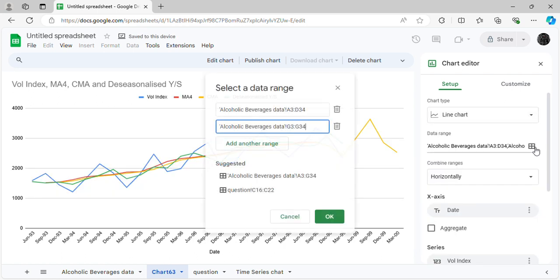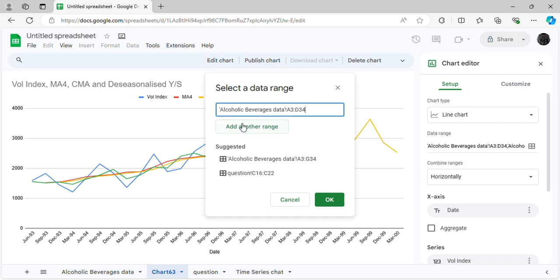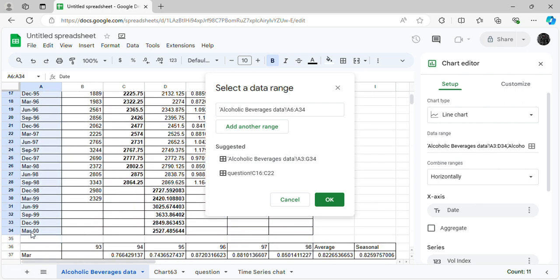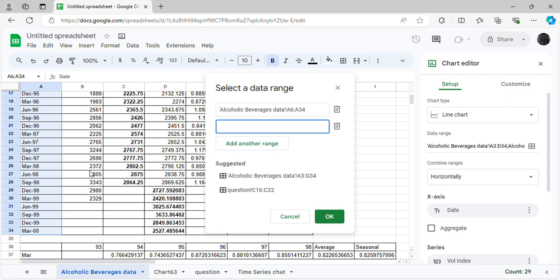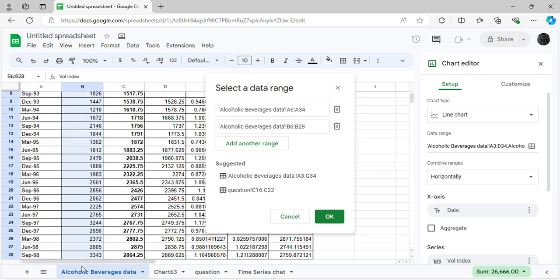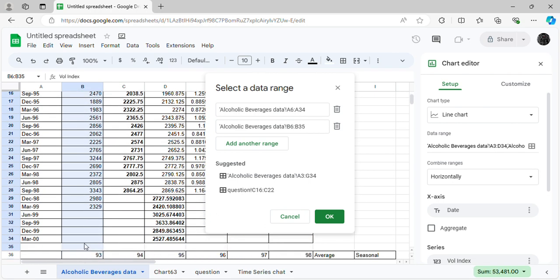And let's select the data. So, first we want to have the date. Then we want to add another range, which is for export volume index. Let's have a look at the chart.